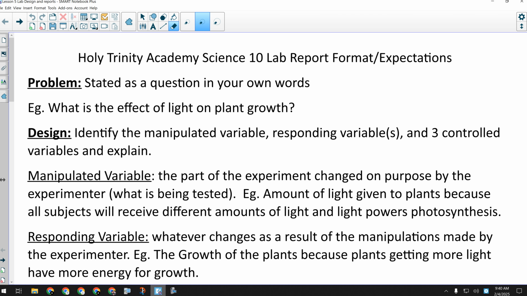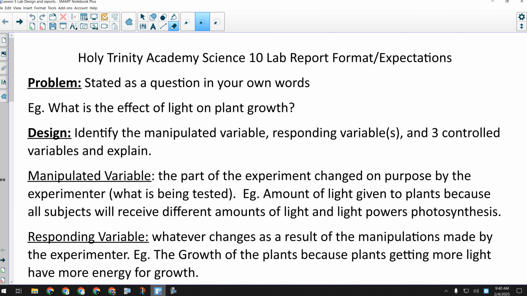That's how they measure the effect. This is the thing that's going to change if the experimenter is right about their idea. And then the controlled variables are the things that have to be kept the same, because they could also affect the experiment, and we don't want them to, because we only want to see what the manipulated variable does, so we control all the other stuff.